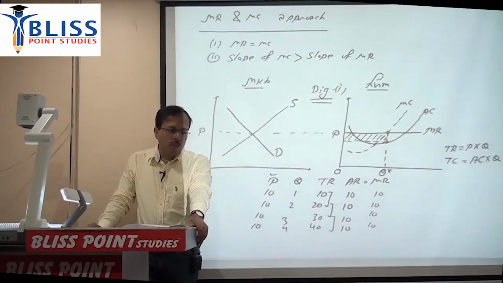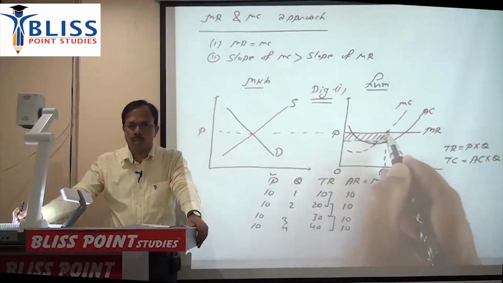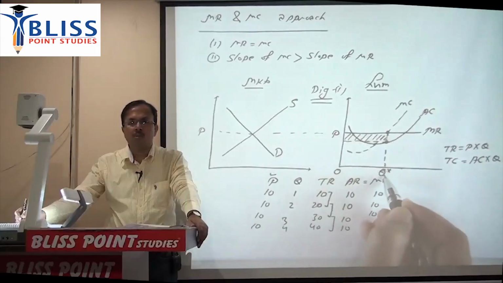Any marking for profit and loss. Remember, first of all you have to mark that output where MR is equal to MC. You are calculating profit and loss for that quantity.